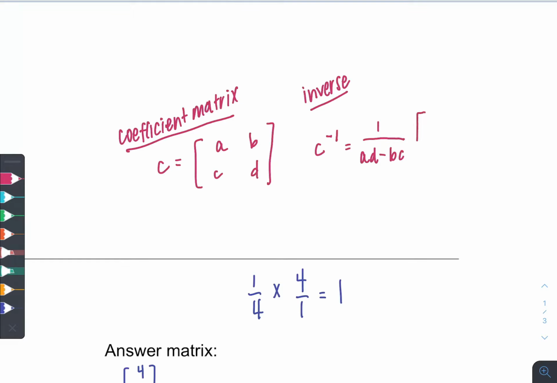And then what we do is we switch A and D, so we have D and A. And then B becomes negative and C becomes negative, but they stay where they are. And so that gives you the inverse.